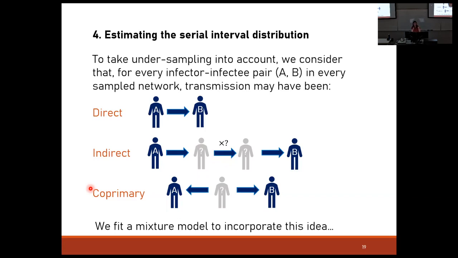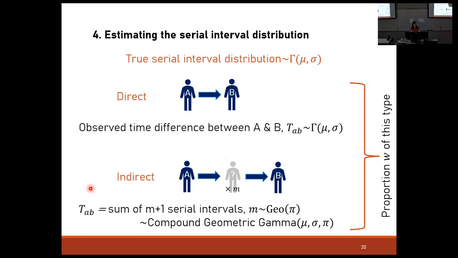For each pair in our tree, we have the mixture of these three pathways, and then we sum over all the pairs in our tree. So mathematically, what does this look like? We assume that the true serial interval has a gamma distribution, which we parameterize in terms of a mean and standard deviation, just for ease of having a mean at the end.